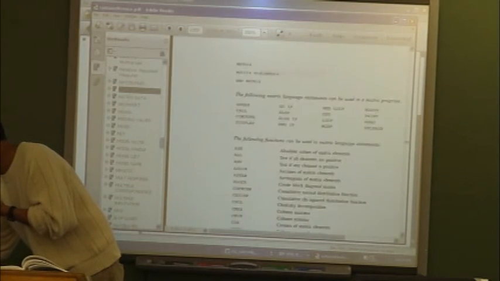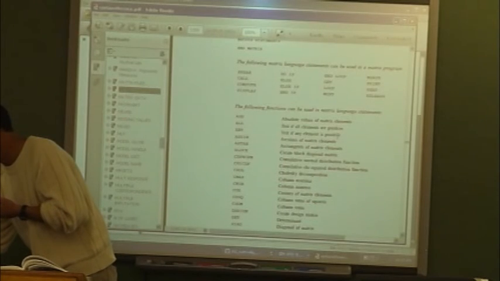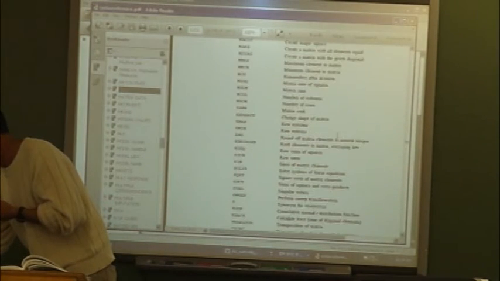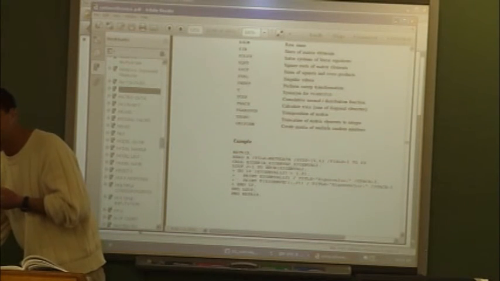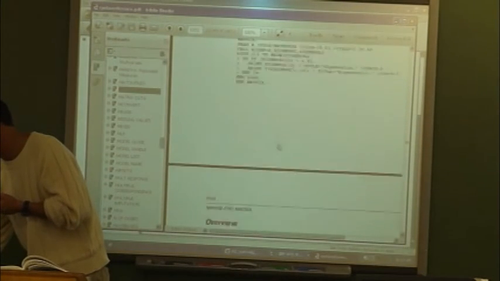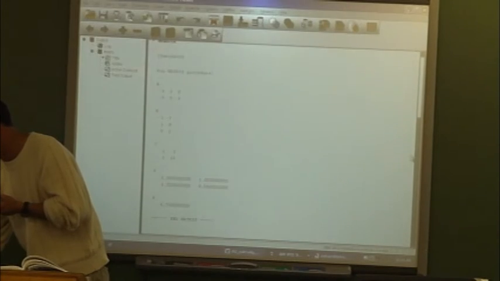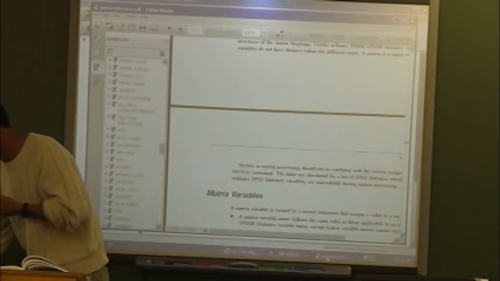If you wanted to play around with it and really learn all the functions you can do, the world is your oyster. You can look at eigenvalues there. You can do all types of stuff if you wanted to.